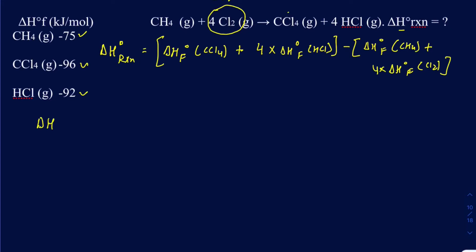Okay, so now let's go ahead and plug those values in. So let's say I have the delta H of the reaction here, and that's going to be equal to the CCl4, which is negative 96, and then plus the delta H formation for HCl, which is minus 92, so 4 times minus 92. So those are your products, minus, on your reactants, you have CH4, and that's only going to be minus 75.